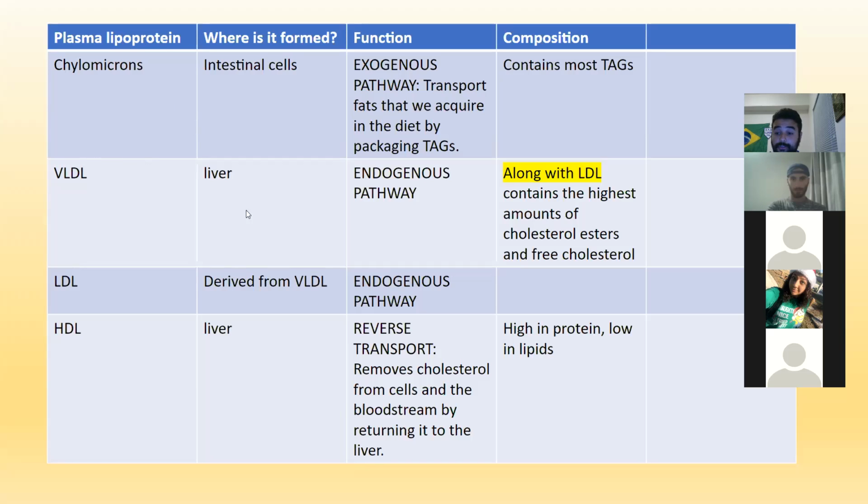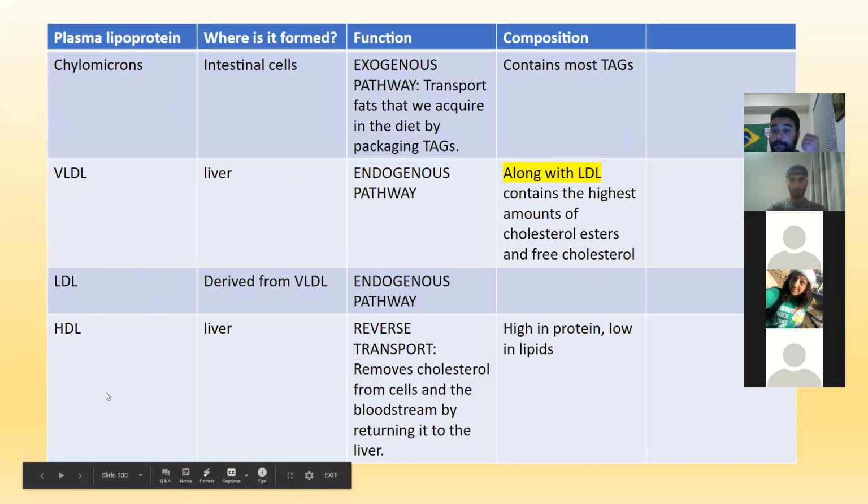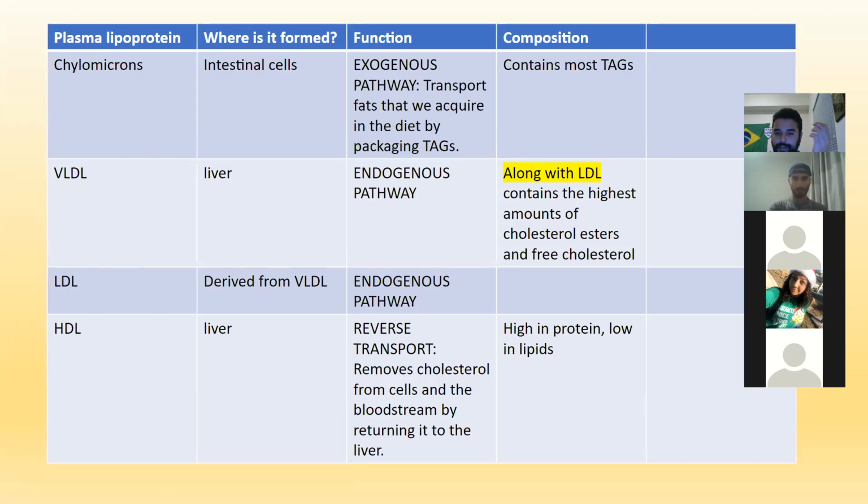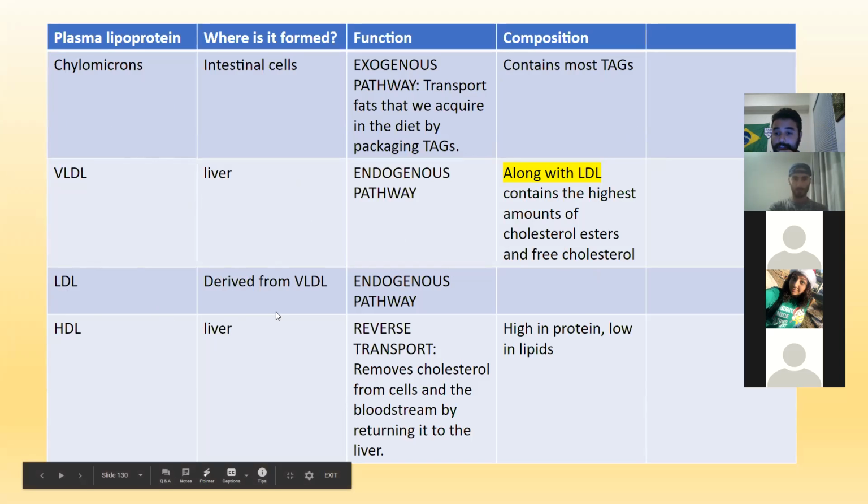Remember that chylomicrons are formed in our intestinal cells, and they're the ones that grab as much of those triacylglycerols as possible from our intestines, okay? So chylomicrons are kind of separate from all the very low density lipoproteins and all the other density lipoproteins, but they're also very, very essential, right? Because they're the ones that are going to be collecting our triacylglycerols from our intestines, okay? But everything else here is super essential, right?